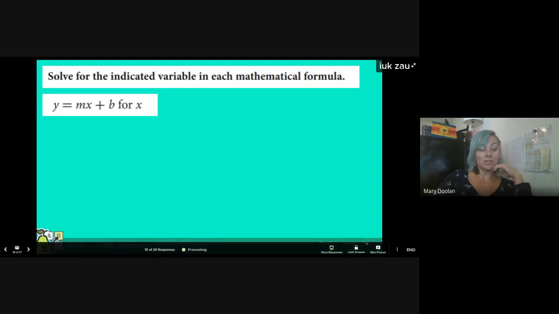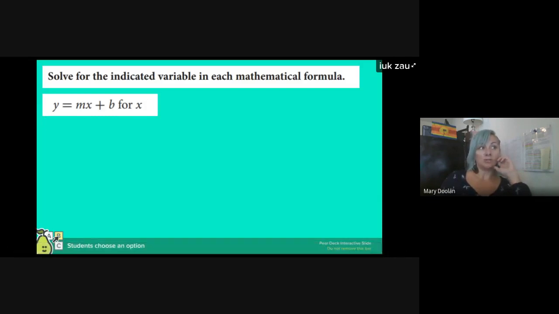So in your choices, when I do the same thing to both sides, I'm going to have minus b minus b. I'm subtracting b from both sides. So make sure you choose an option that includes y minus b.